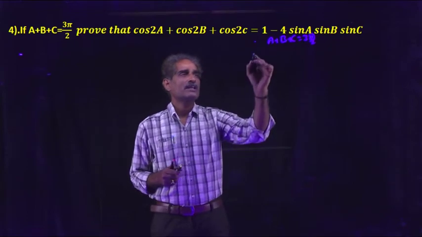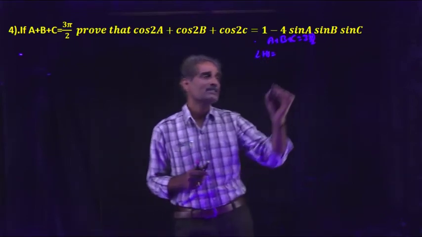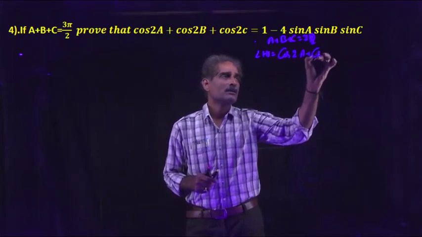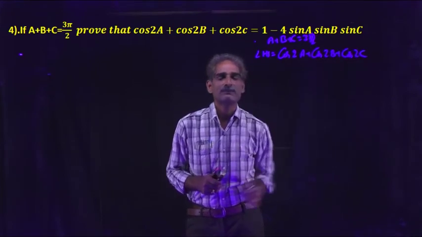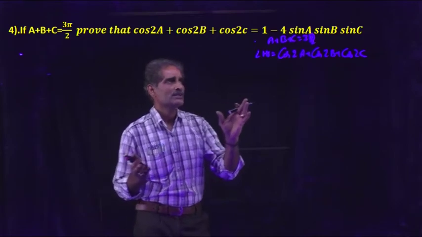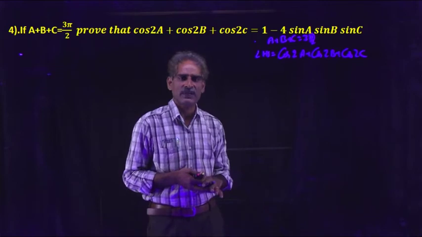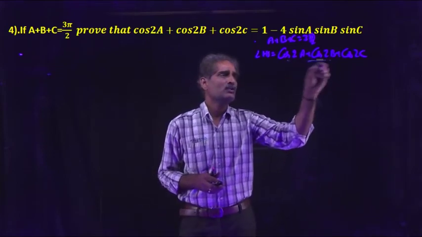Take the LHS: cos 2a plus cos 2b plus cos 2c. Again the same process: we change addition to product, sum to product, applying transformations. Take any two out of these three.